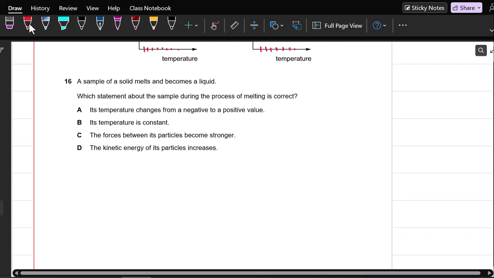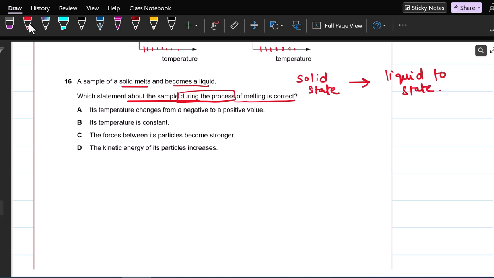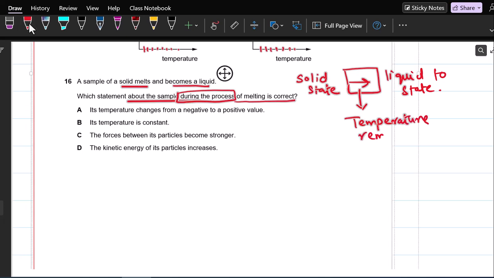Okay, a sample of solid melts and becomes a liquid. Which statement about the sample during the process of melting is correct? Okay, during the process means the state is changed from solid state to liquid state. In this process, remember that temperature does not change. Temperature remains constant.